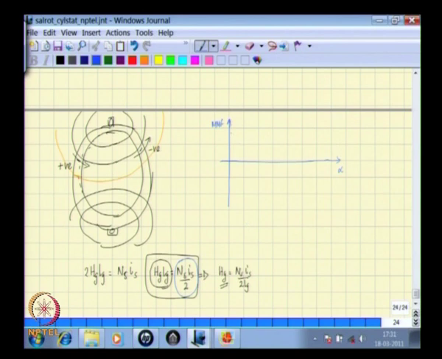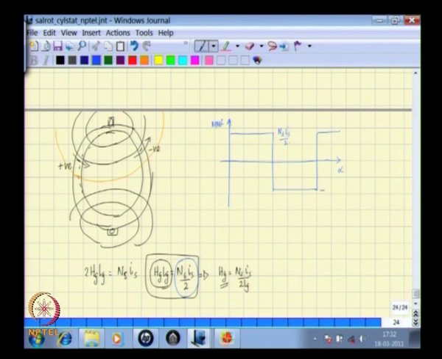So what you would have is, from alpha equal to 0 to alpha equal to that, that would be your MMF distribution, each of magnitude Ns Is by 2.